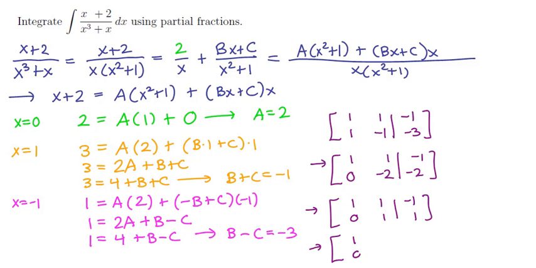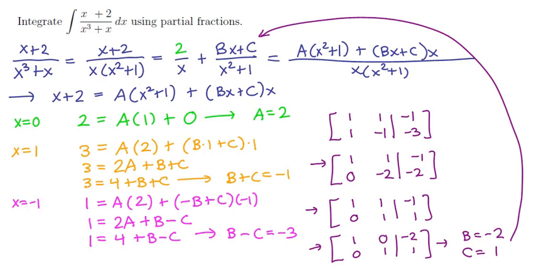The bottom row is still 0, 1, 1, the top row becomes 1, 0, minus 2. And so what we've got here is the solution B equals negative 2 and C equals 1. We can substitute those values up here in the top, and we'll have completed the partial fractions expansion.